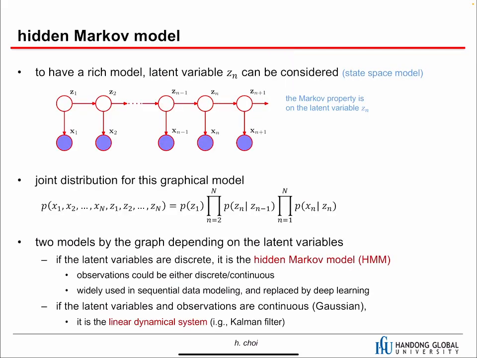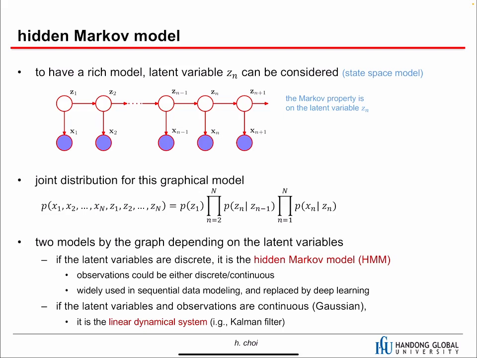Okay, now we talked about the Markov model, but as we did in the previous chapters, we can think of a latent variable. In clustering, when we have observations, we consider the cluster index as a latent variable. In the generative perspective, from this cluster index, we generate all the observations within the cluster.